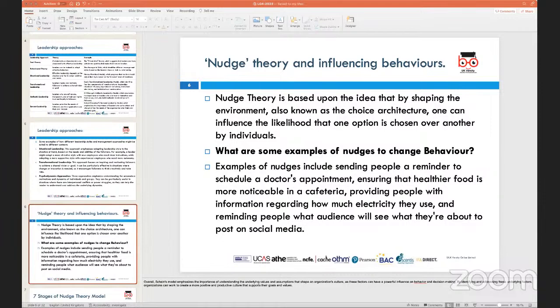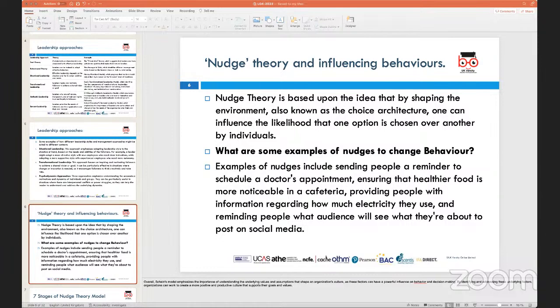Now, one of the other things that we briefly want to look at is something called the nudge theory. The nudge theory is based on the idea of how the environment shapes the decision-making ability of a particular leader.